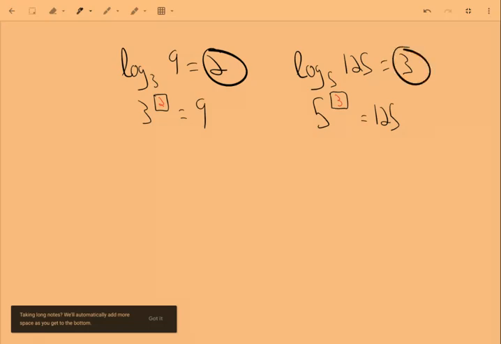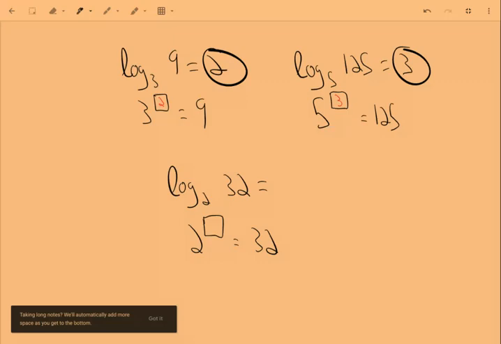Okay. Let's do one more. Let's say log base 2 of 32. Log base 2 of 32. Okay. So that's really asking 2 to what power is equal to 32.